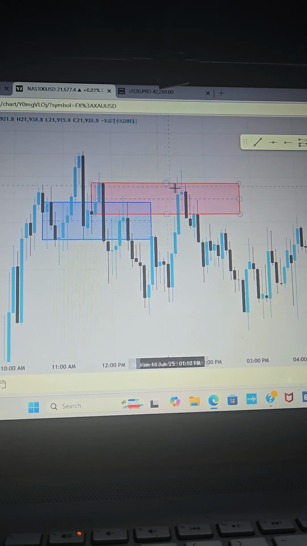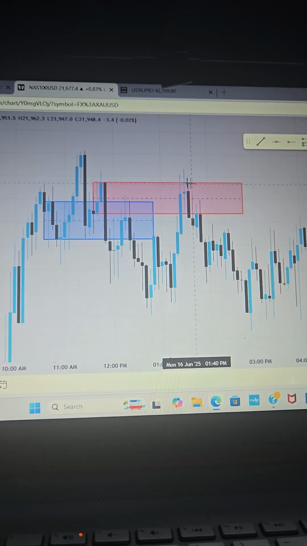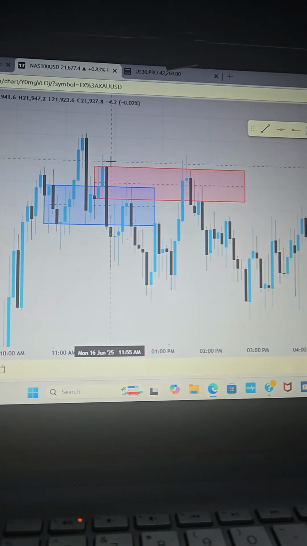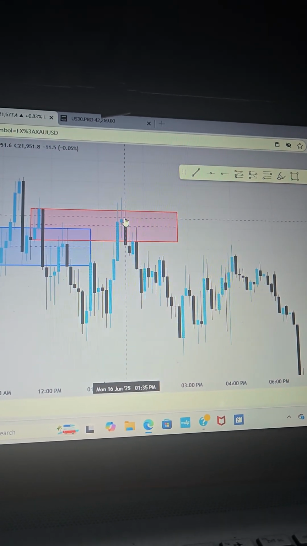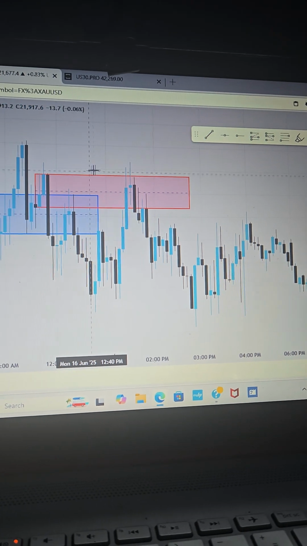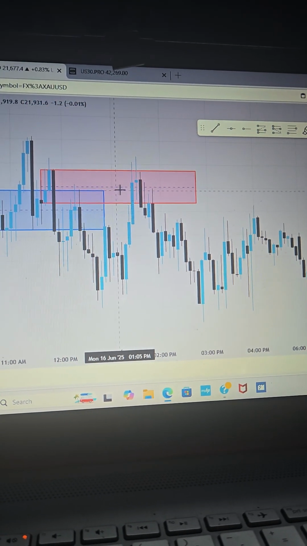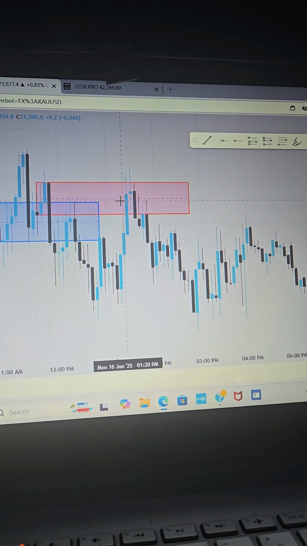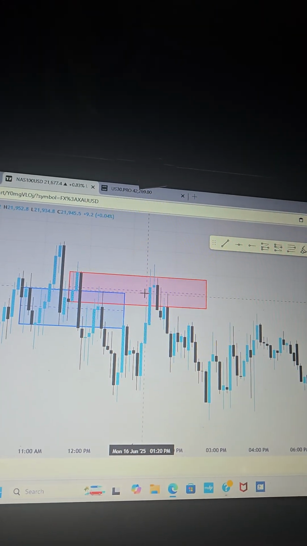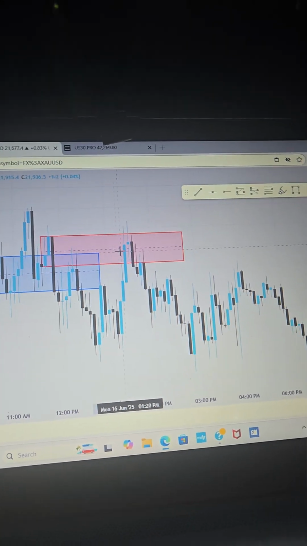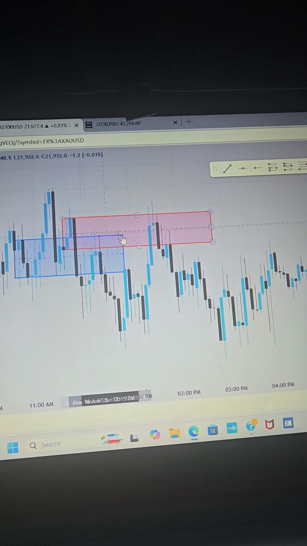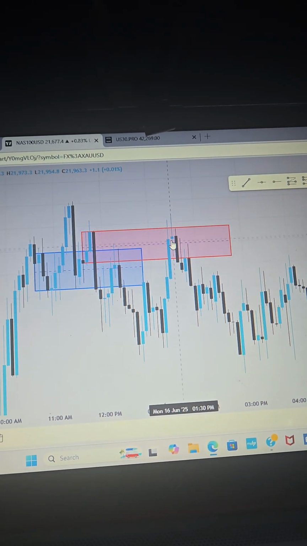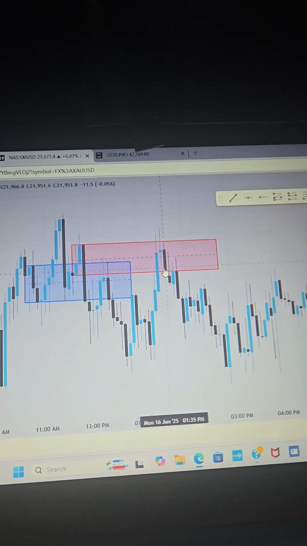You should only be seeing wicks at the rejection blocks. You should never see a candle in a bearish order block. You should never see price closing a candle's body above the rejection block. And if we do happen to go above consequent encroachment of the order block, you want to see weakness. When there's a bearish order block and you see price push up, you want to see it close with weakness.